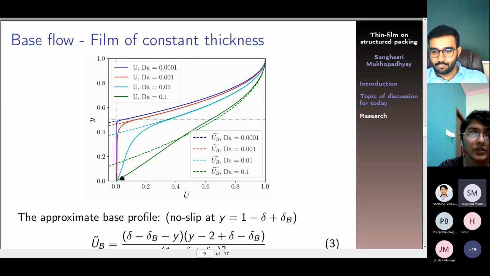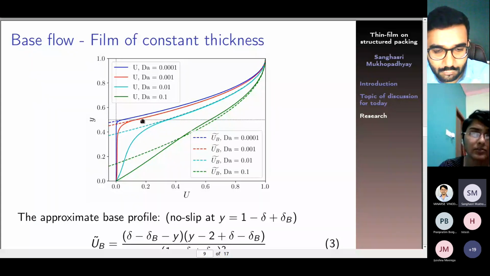For example, consider the Darcy number of 10 to the power minus 3, which is the red line. We can see that a no-slip condition is applicable at the bottom of the layer, and there is some sort of uniform or parallel flow inside the porous layer for some values, and then there is a drastic change in the velocity profile, and after that it resembles a little bit like the parabolic profile.